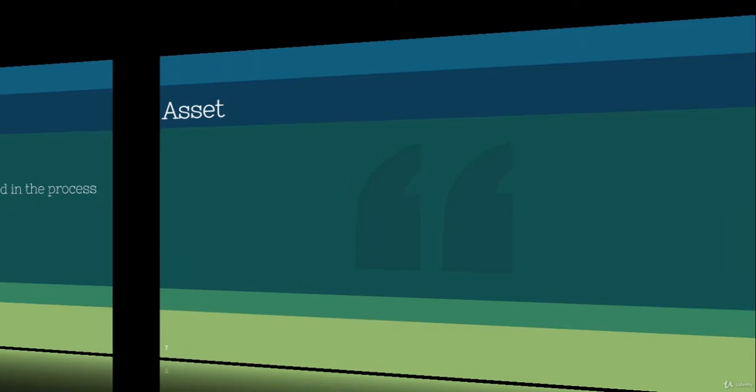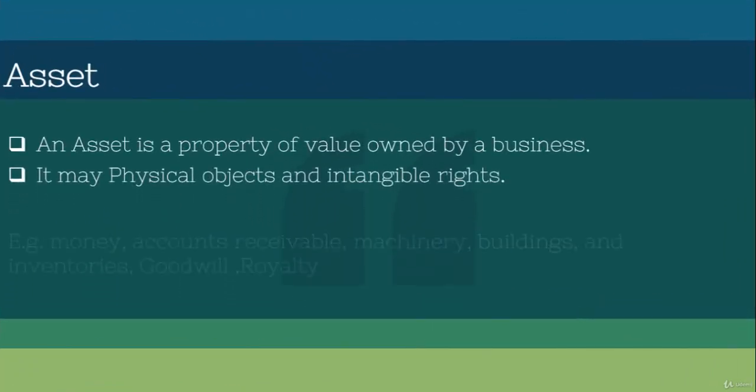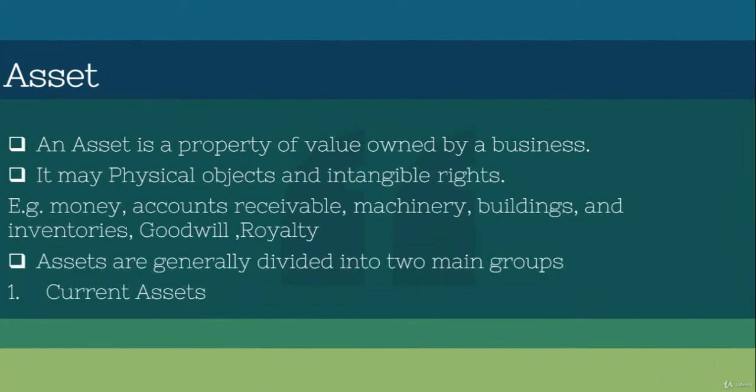And then we are going to move to the third type of accounts, that's called asset. What is an asset? An asset is a property of value owned by a business. It means the things that belong to the business are called assets.